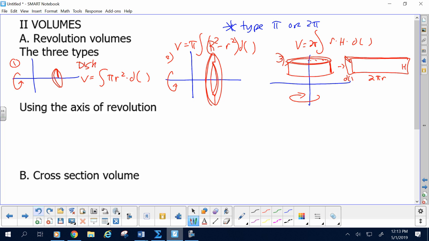Oh, they're pretty harsh on this in their grading. If you get a region like this, and it says, let's call that F and G, and it says around x equals -2, and you think, okay, so x equals -2, x is horizontal, so it's this way, -2.